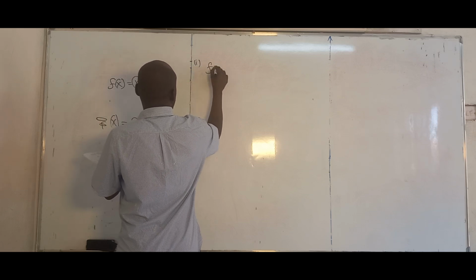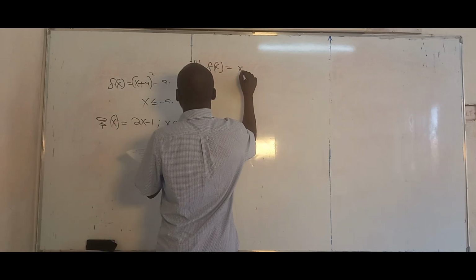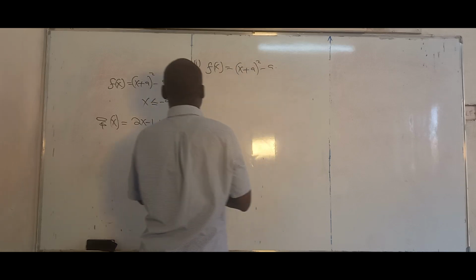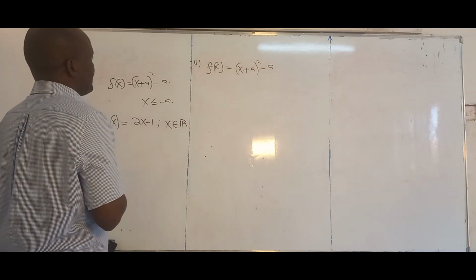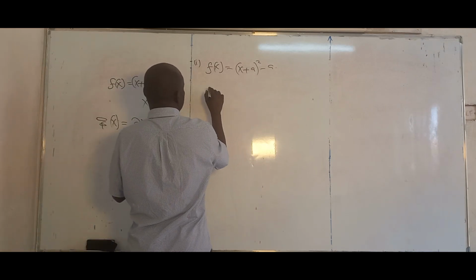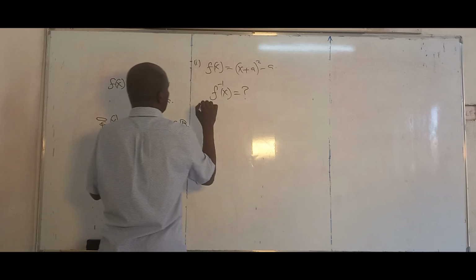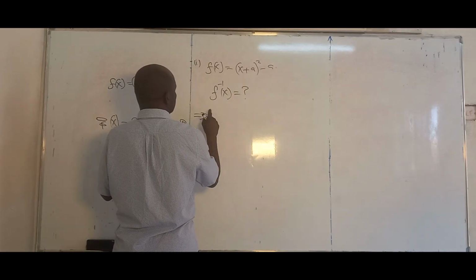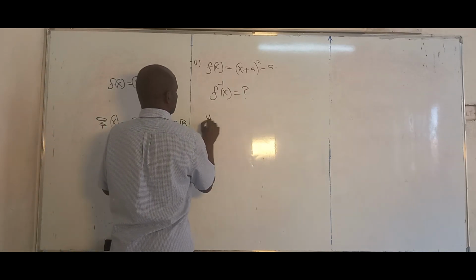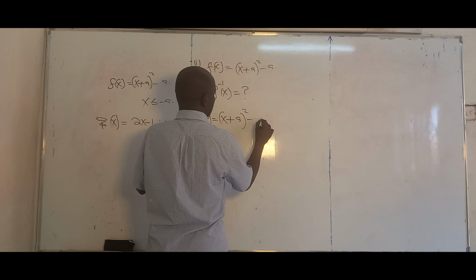So if f of x is given as (x plus a) squared minus a, then for us to get f inverse of x, we'll just say that y is equal to (x plus a) squared minus a.